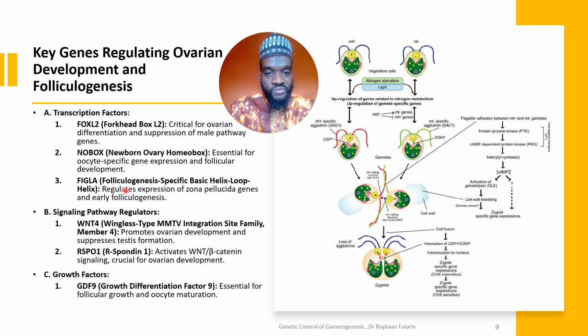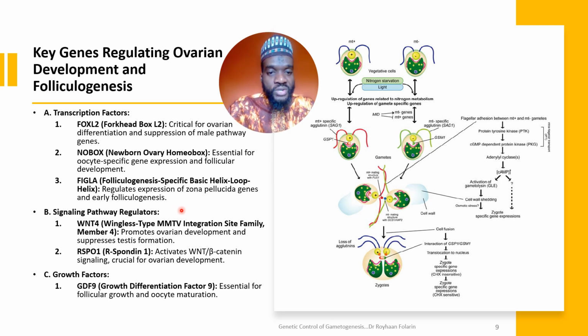FIGLA stands for folliculogenesis specific basic helix-loop-helix. So it regulates expression of the zona pellucida genes, and it regulates early stages of folliculogenesis. So it's apparently involved in ovarian development, and it's expressed in developing oocytes, and it contributes to the function and formation of the ovarian follicles.